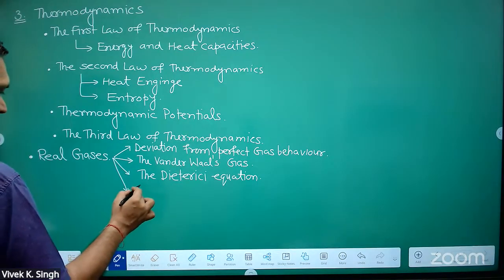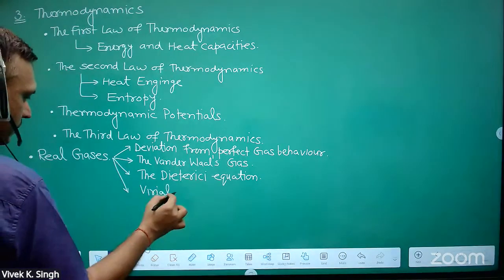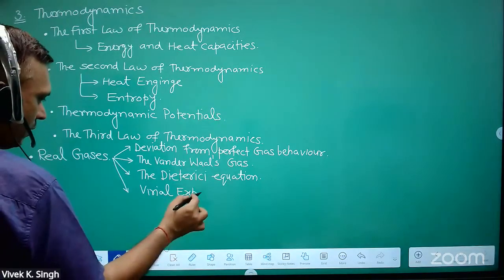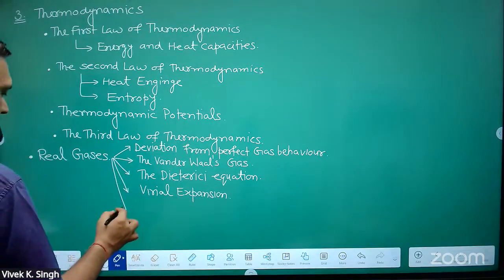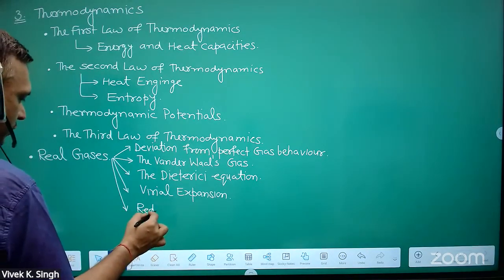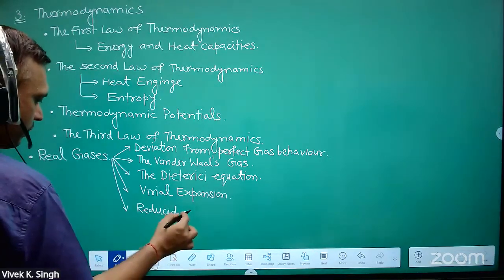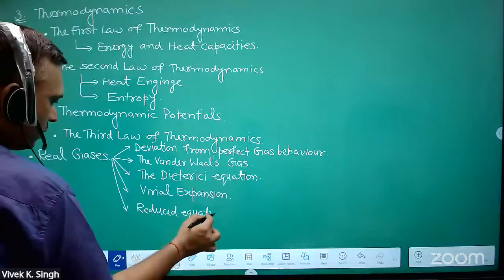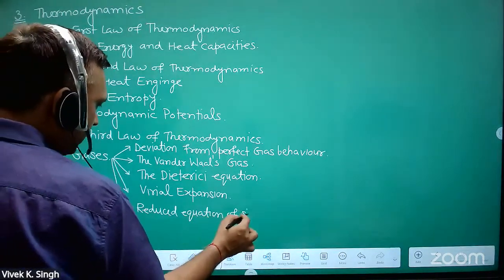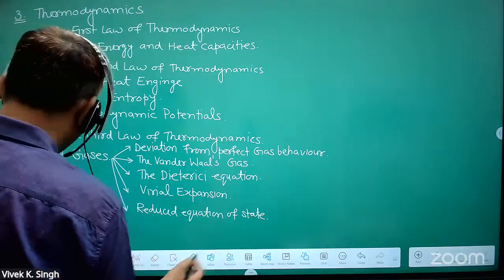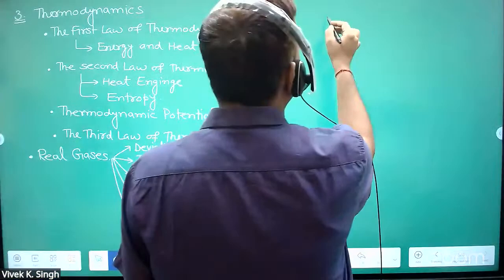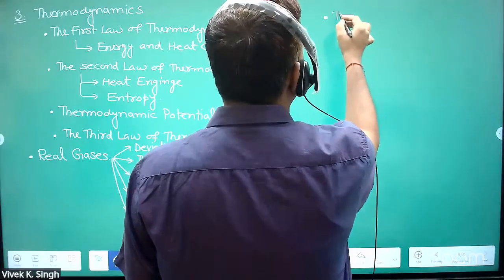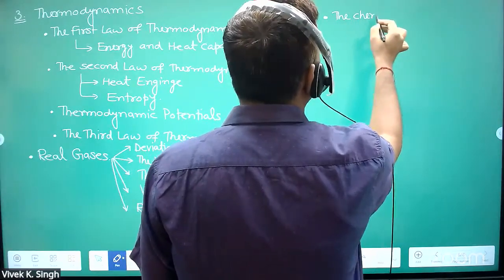Then we will talk about virial expansion, and we will discuss the reduced equation of state. Then we will introduce the chemical potential.